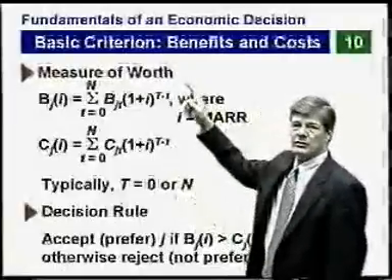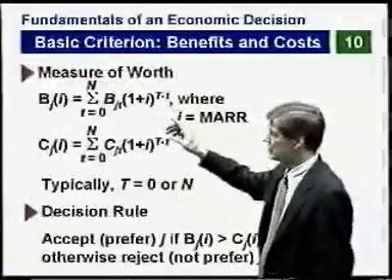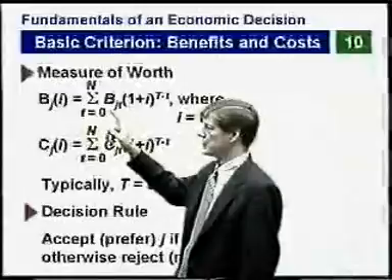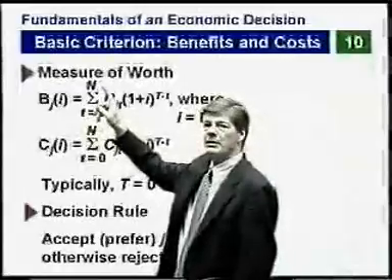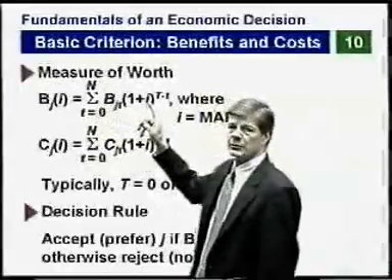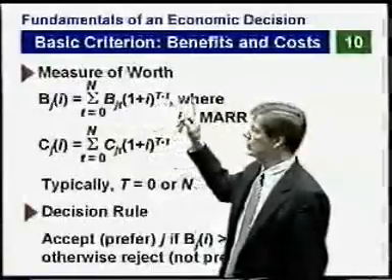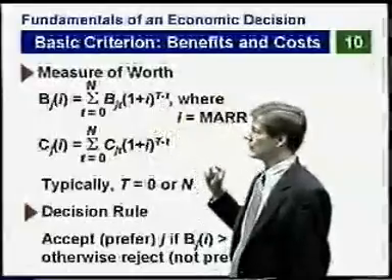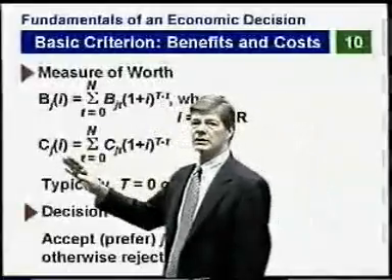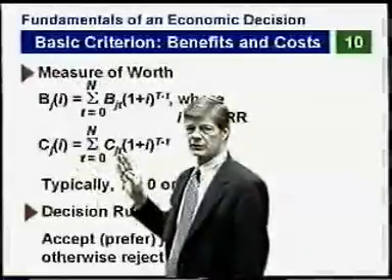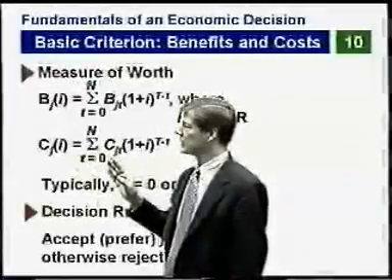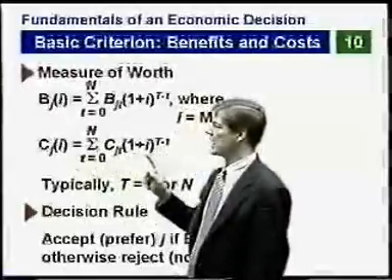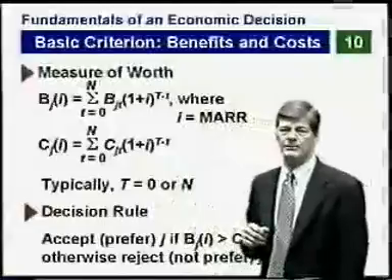The measure of worth for prospective benefit is the sum of all of the benefit cash flows compounded forward to a common point in time, call it capital T, at the minimum attractive rate of return. The prospective cost is the sum of all the cost cash flows compounded forward from time 0 through time n to a common point in time, capital T, at the minimum attractive rate of return.